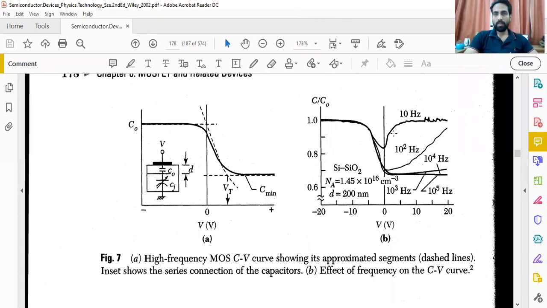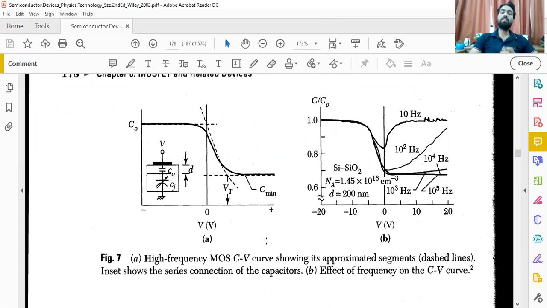So, I'm concluding this one. Today we have a target to understand the CV curve. CV curve means that when we apply a voltage across a MOS diode, is there any effect on the change in capacitance? Yes, so we have to study that.